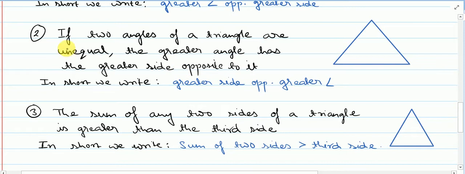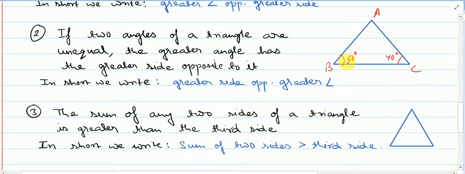Now see the next. Here it says if two angles of a triangle are unequal, like see over here, let's say this is 60 degree and this is 40 degree, let this be A, B, C. Here you can see that these two angles are unequal.